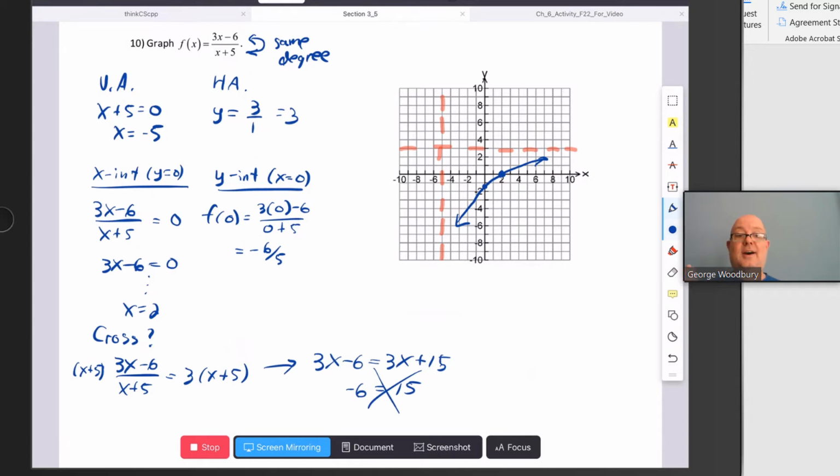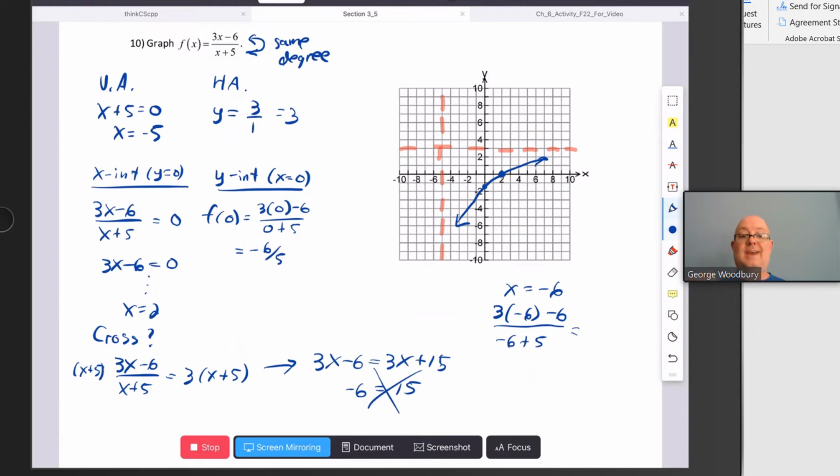On the left-hand side, I need to figure out, is it up here or is it down here? And so I can just plug in a point to figure that out. Something to the left of negative 5. So maybe we try x equals negative 6. 3 times negative 6 minus 6 over negative 6 plus 5.